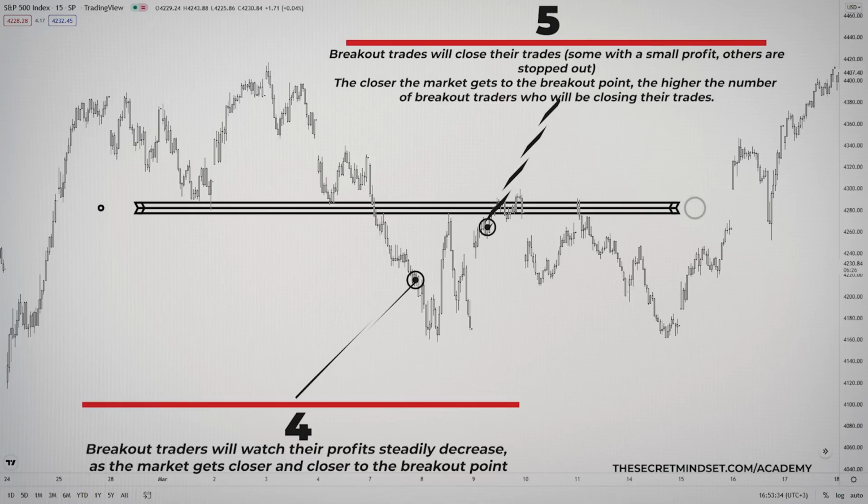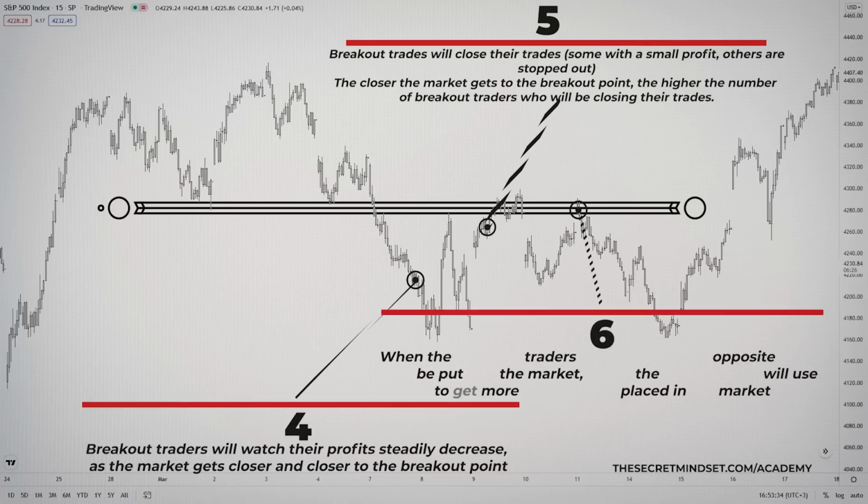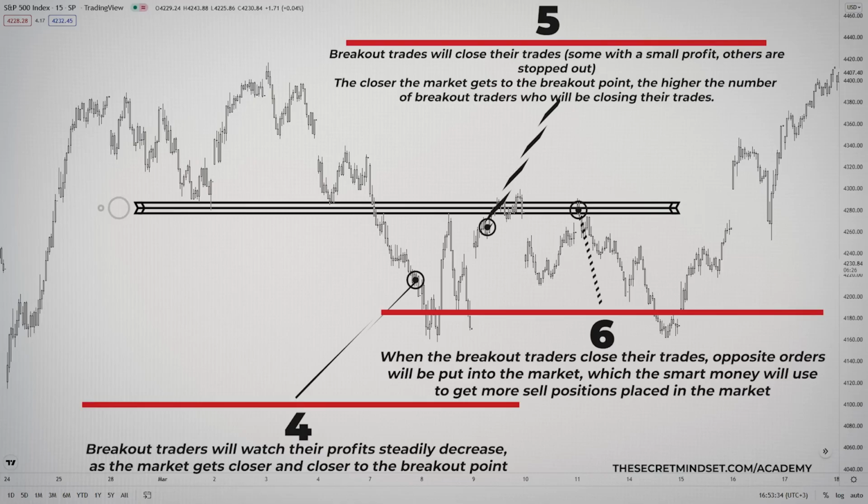Different traders will decide to close their trades at different times. The closer the market gets to the breakout point, the higher the number of breakout traders who will be closing their trades. And when the breakout traders close their trades, opposite orders will be put into the market, which the smart money will use to get more buy or sell positions placed in the market.